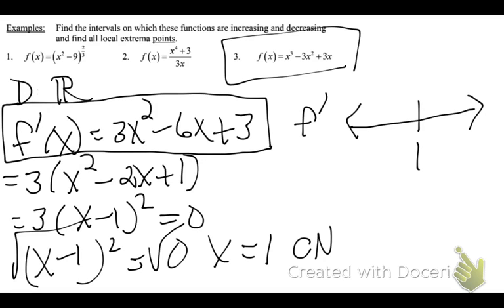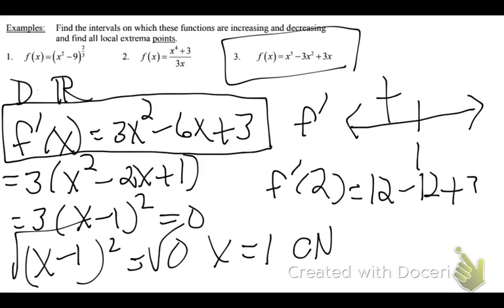So if I plug 0 into the derivative, I would get a positive 3. If I plug a number between 1 and infinity, let's do 1. Nope, we can't use 1. 2. So if I use 2, I'm going to get 3 times 2 squared is 12 minus 12 plus 3. So I get a positive.